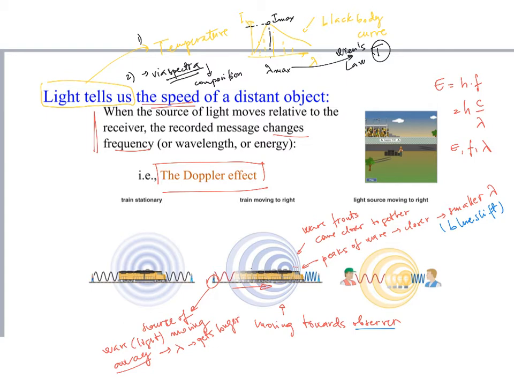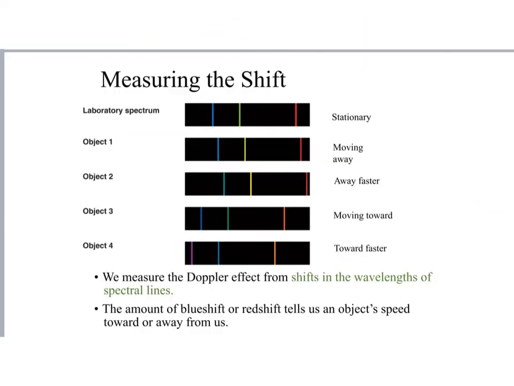You see those wave fronts, right? They become further apart. If it gets longer, it's going to be redshifted. So that is all. We measure that, well, the wavelength changes, right?